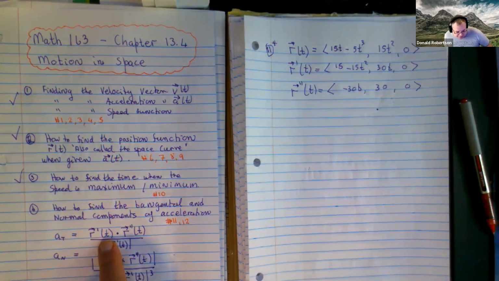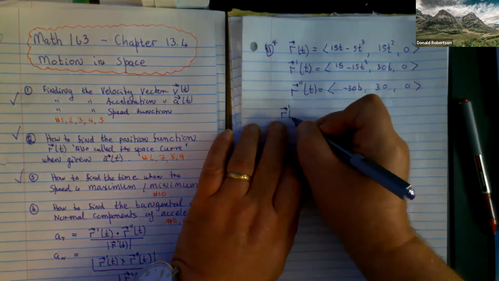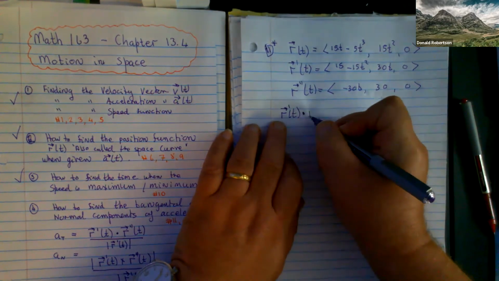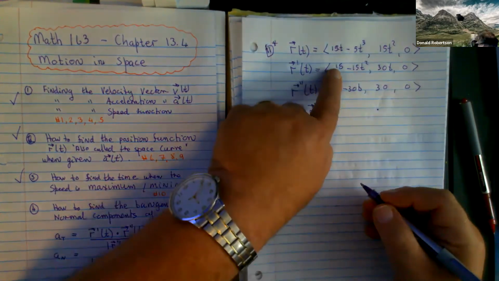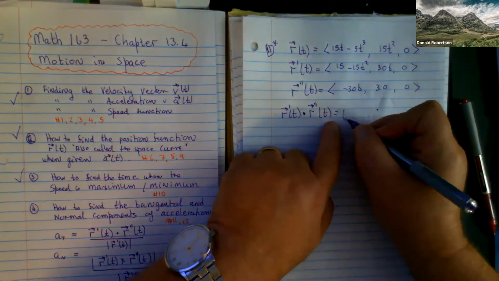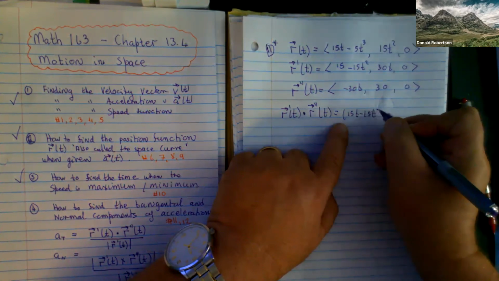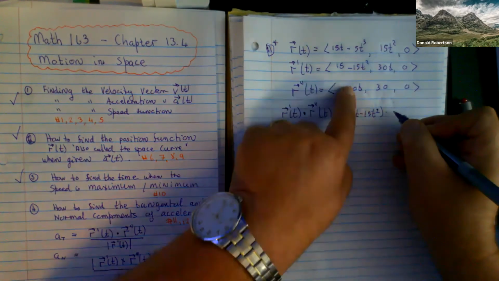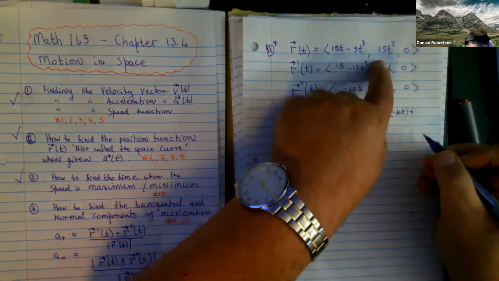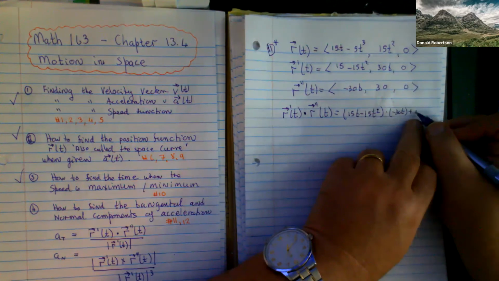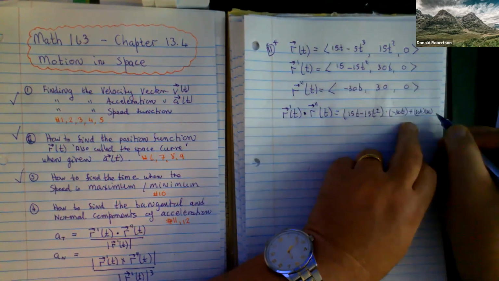Now, to get this, find the dot product: first derivative, dot product with the second derivative. So it's going to be this times this, 15t take away 15t squared times negative 30t, plus this times this, which is 30t times 30, plus a whole load of nothings.